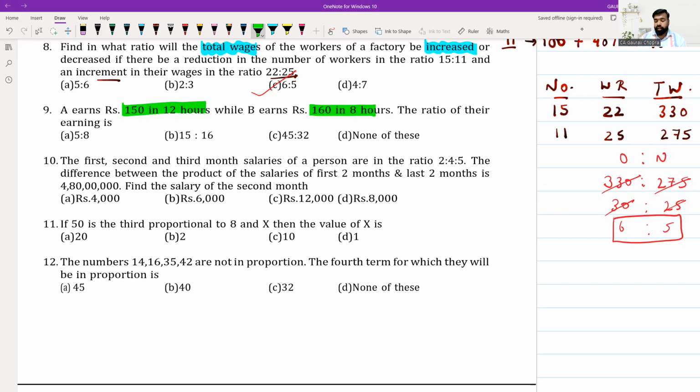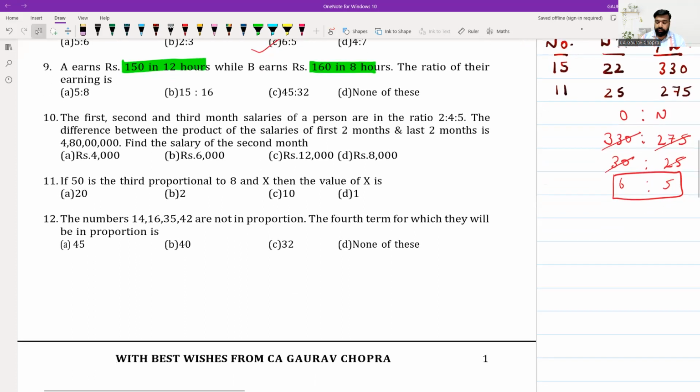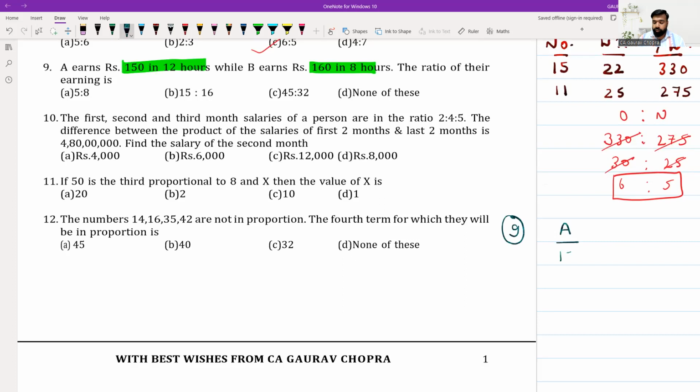तो ए अगर 12 आवर्स में 150 रुपीज अर्न करता है, देन इन 1 आवर वो कितना अर्न कर पाएगा. Let's see. A will earn 150 divided by 12. This much A will earn in 1 hour. And B कितना earn कर पाएगा?